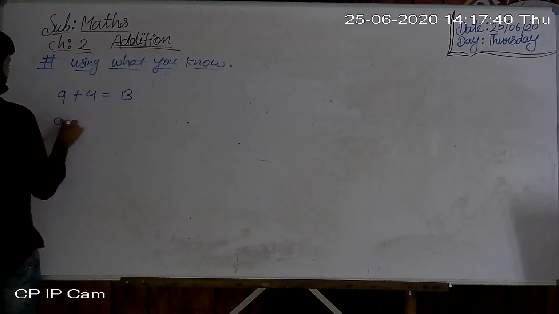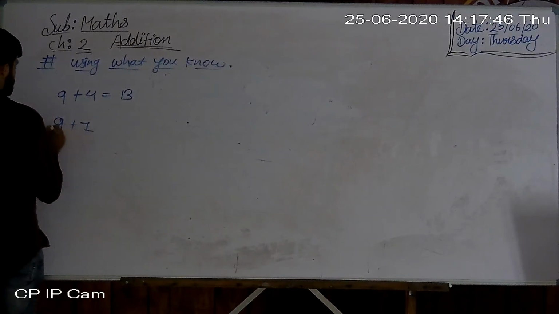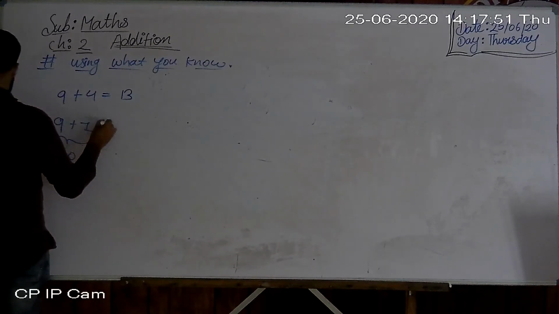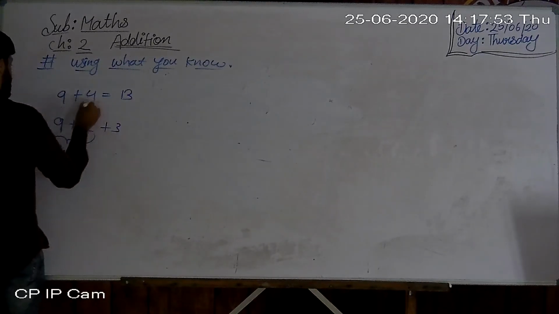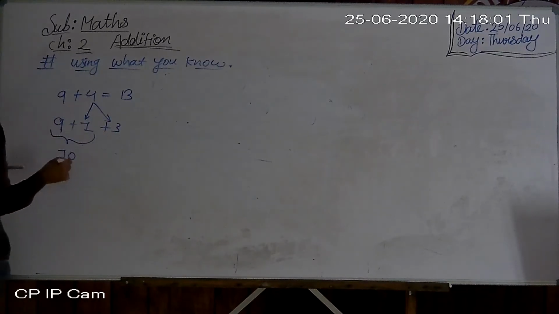So first of all we make a 10. 9 plus 1. How many are needed to make a 10 in a 9? 9 plus only a 1. So 10. Okay. 10 plus 3. So 4: how can we back up a 10? 3 plus 1 or 1 plus 3. Okay.